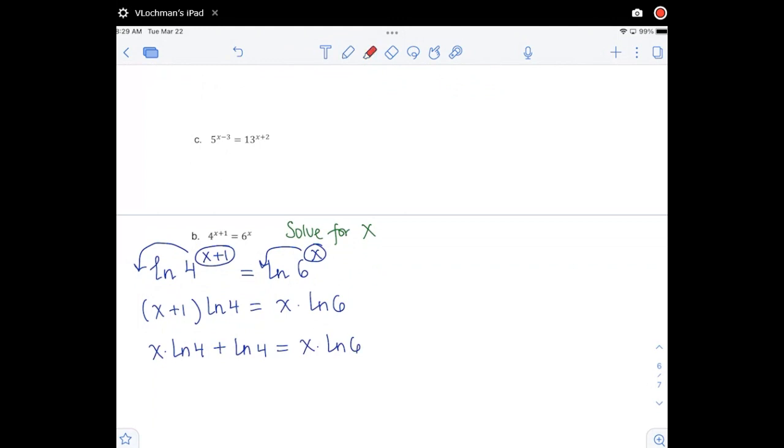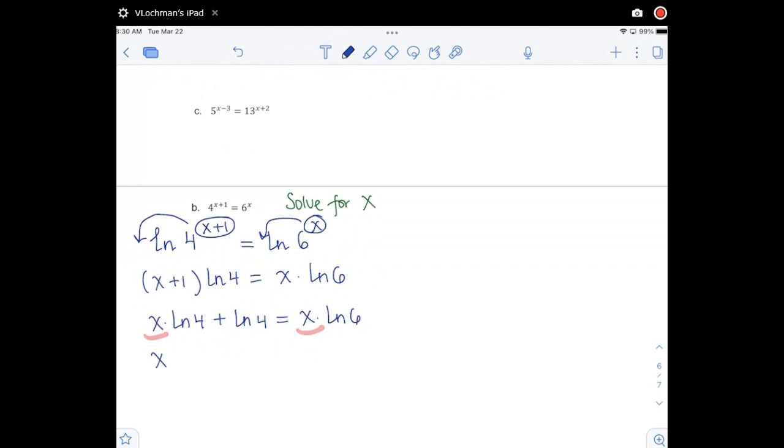Next step, I'm going to bring everything that has x to one side. It doesn't matter which side, so I'm going to put it on the left. So x times natural log of 4 minus x times natural log of 6 is equal to natural log of 4. This should be a minus, right? Minus natural log of 4. All right, now what? I'm going to factor out the x.